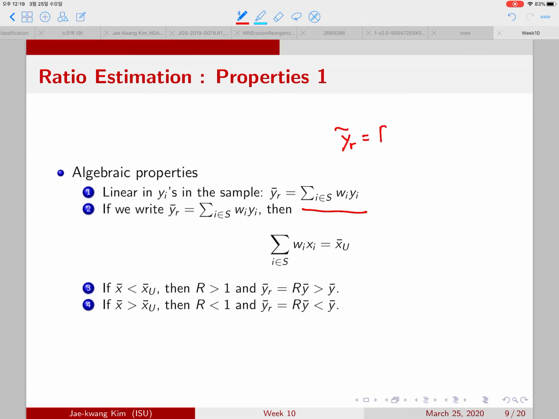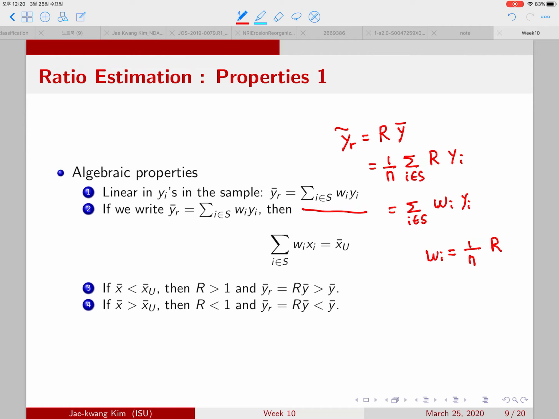Because this is R y bar, and y bar is just the sample mean. If you write it this way, sum of Wi yi, that means Wi is equal to 1 over n times R.